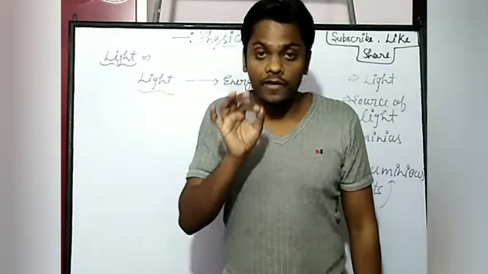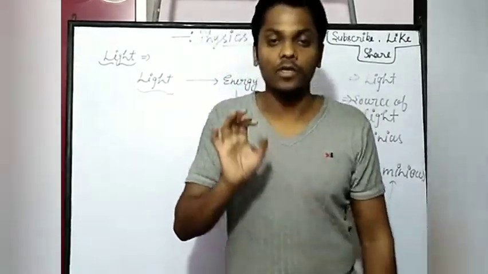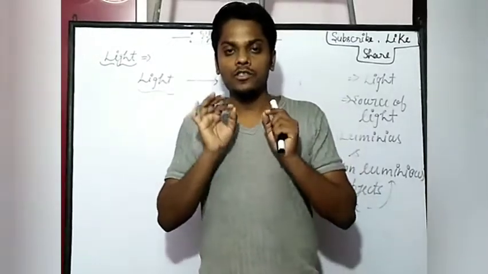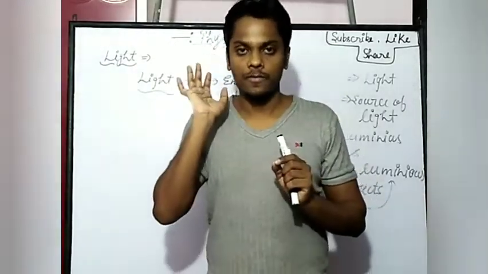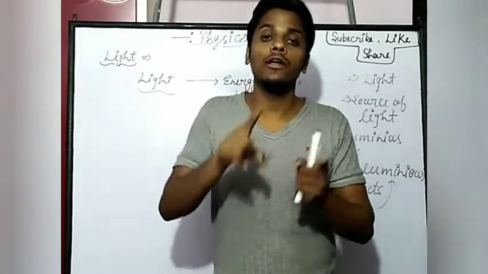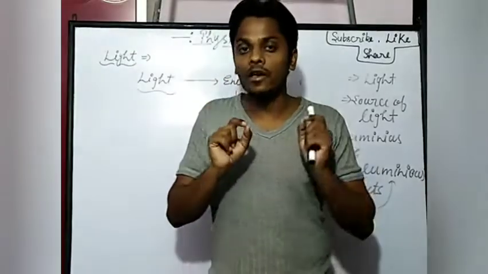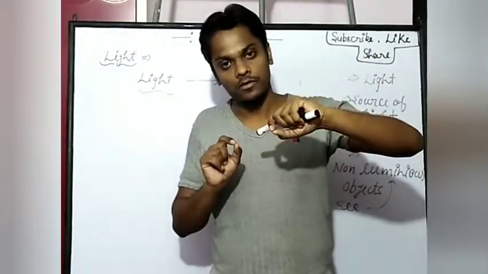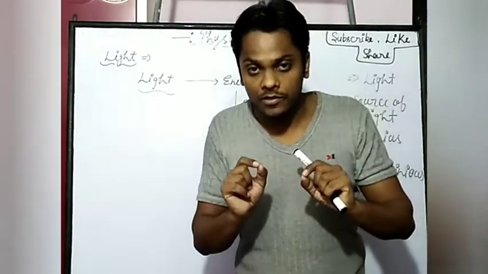Once again, listen to me very carefully. Nothing is responsible for the light of the sun, nothing except the sun itself. Moon is also getting the light from the sun. Moon doesn't have its own light.